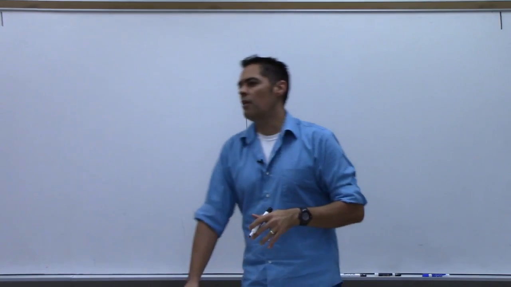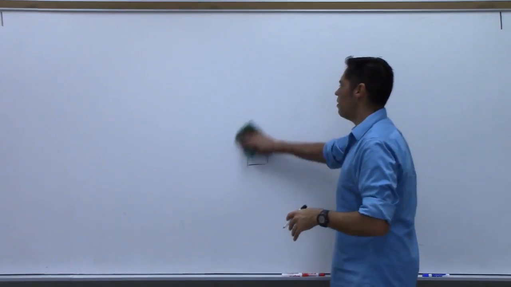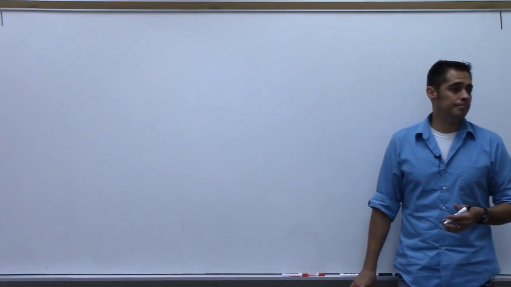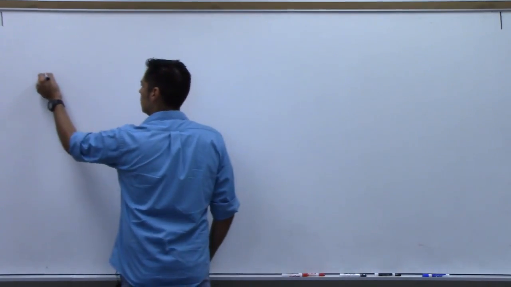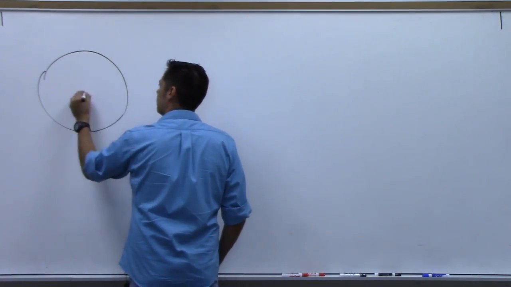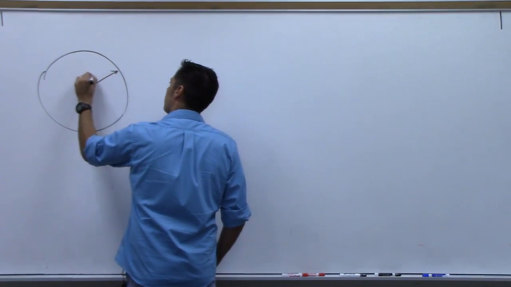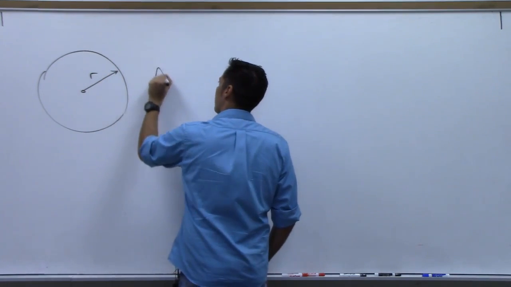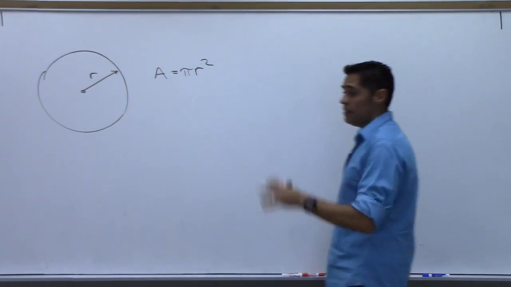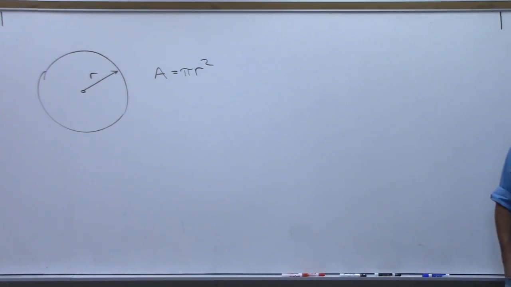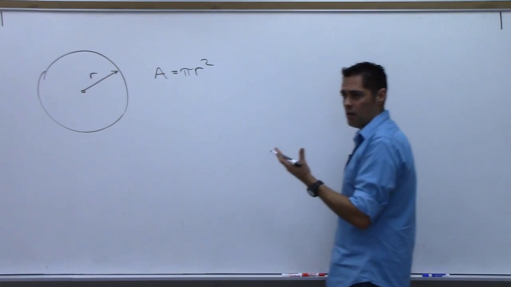I wonder if this will help us figure out what the area of a circle is. Now, we all know the area of a circle. It's pi r squared, right? Someone gives you the radius, everyone will say area is pi r squared. Yes, that's true, but that eluded us for a long time.